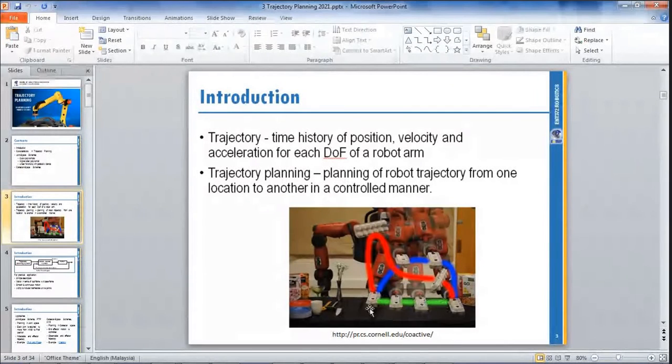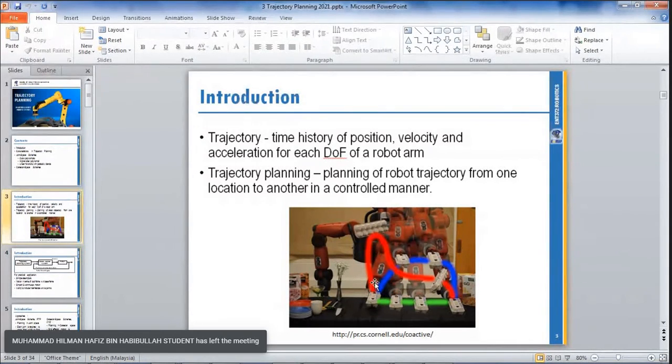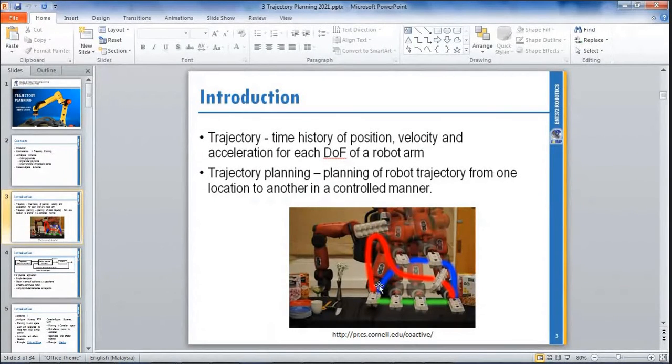The motion that you control on your robotic arm, you are going to control your velocity, your position, and also your acceleration. The formula that we use is trajectory planning. Trajectory planning moves the robot from one location to another in a controlled manner.